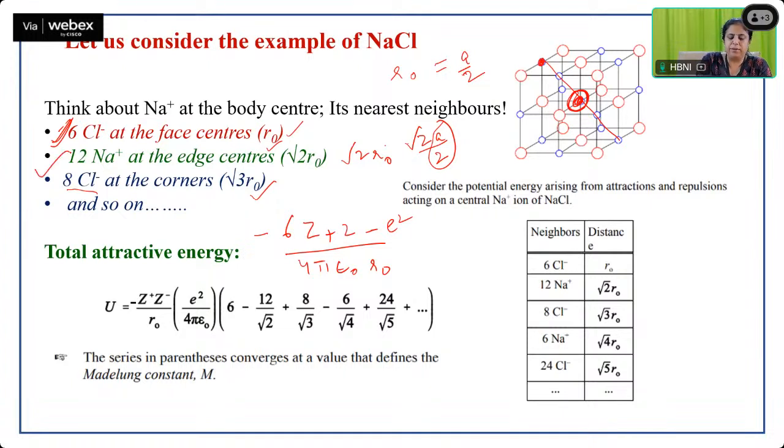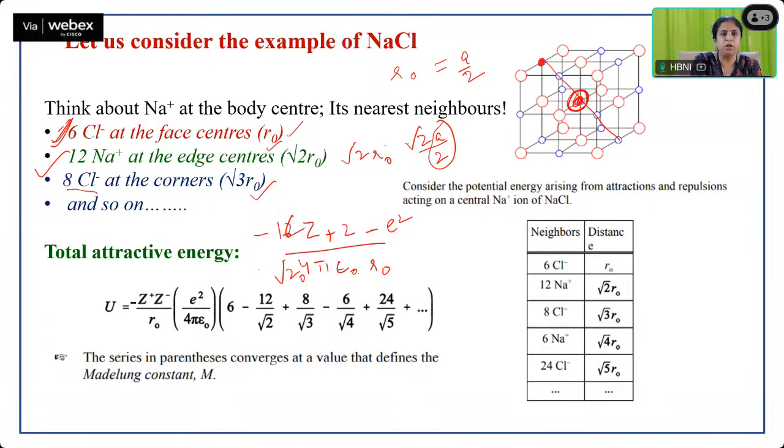For the next, it will be positive 12 Z plus Z minus e square upon 4 pi epsilon naught root 2 R naught, and they are 12 in number, so that I also have to determine.